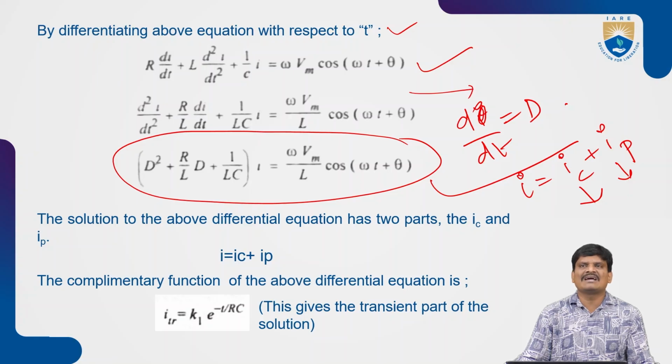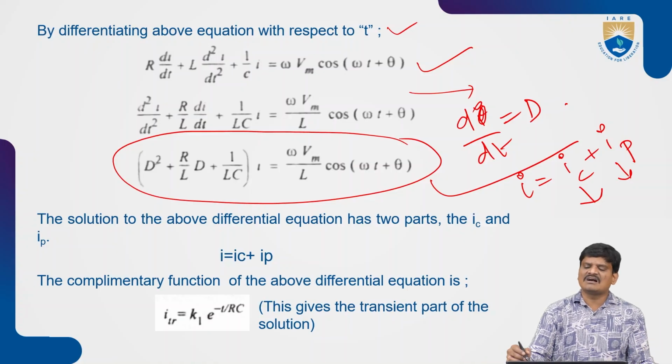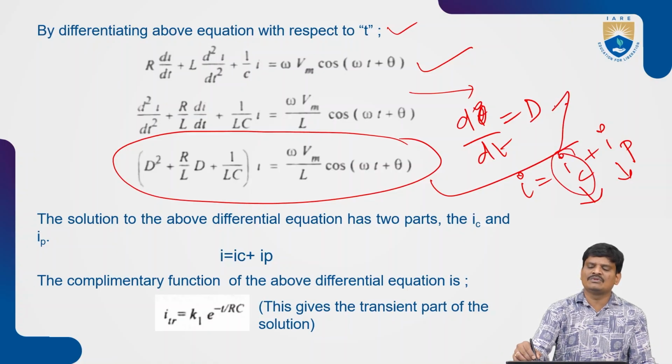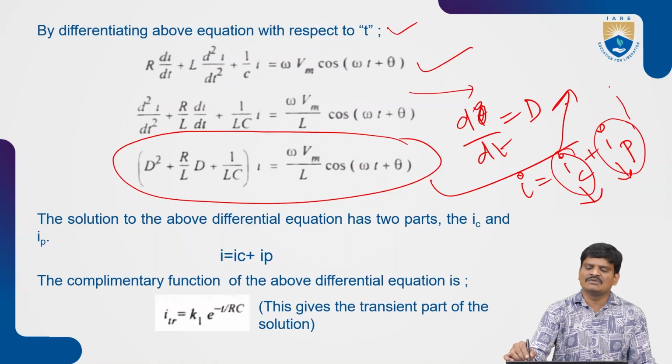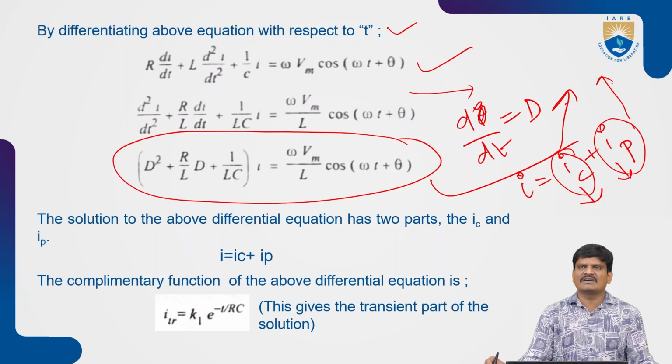So if I want to calculate the complete response of a current, I need to get two solutions of the current, one with respect to the complementary integral and the other with respect to the particular integral. The complementary integral will give you the transient response of a circuit and the particular integral will give you the steady state response of a circuit. By combining the solutions obtained individually, we will get the complete response of a circuit.